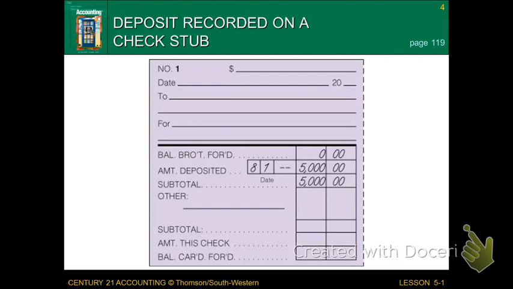And so we're depositing on August the 1st, we're depositing $5,000. And so our subtotal, or current balance, if you will, is $5,000. And so now that we have $5,000 in our bank accounts, we can start writing checks out that are $5,000 or less.